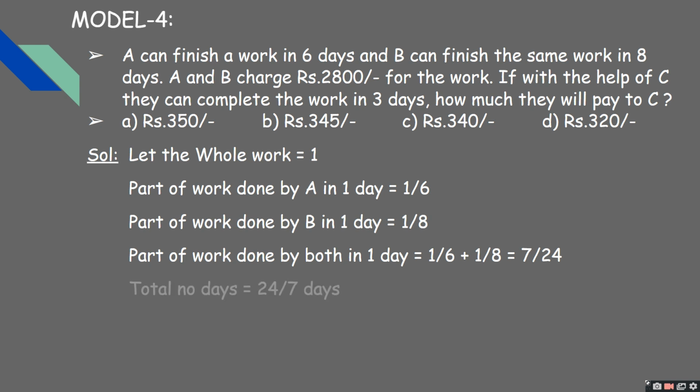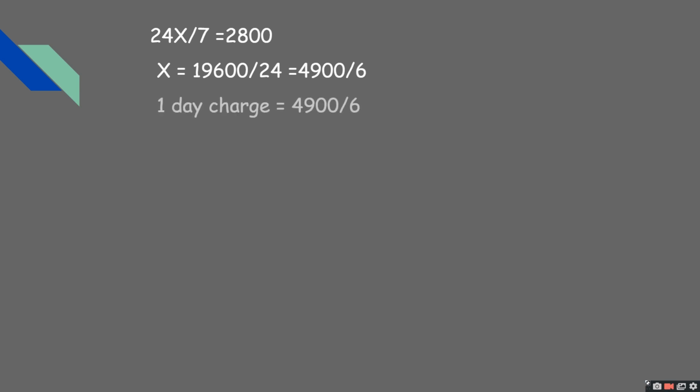Total number of days equals 24 by 7. For 24 by 7 days, they charged 2800 rupees. For 1 day, the charge is assumed as x. By the crisscross method, x equals 2800 into 7 by 24, that equals 4900 by 6. So 1 day's charge is 4900 by 6 rupees.